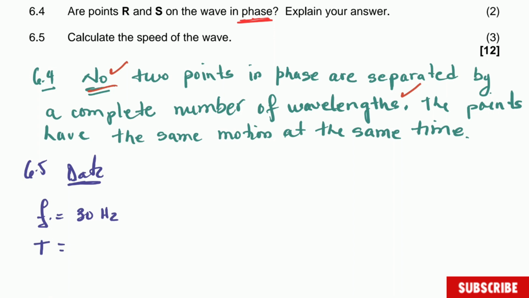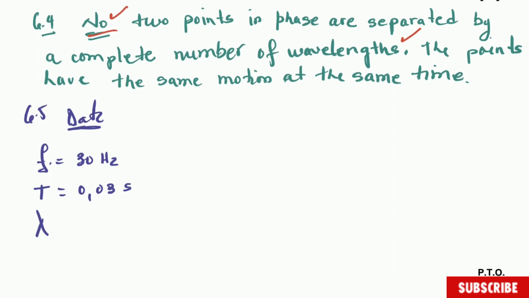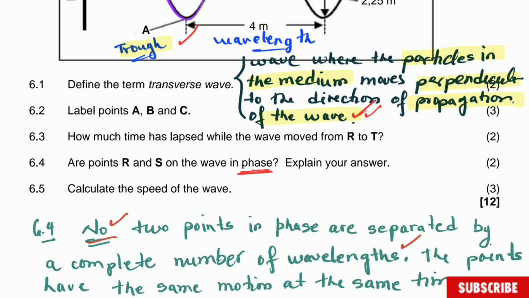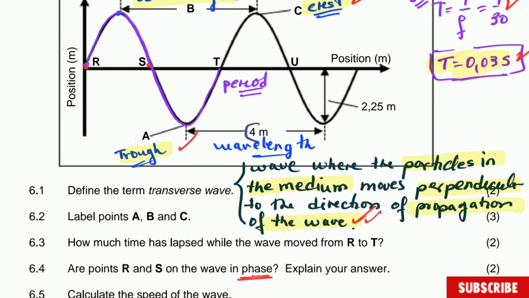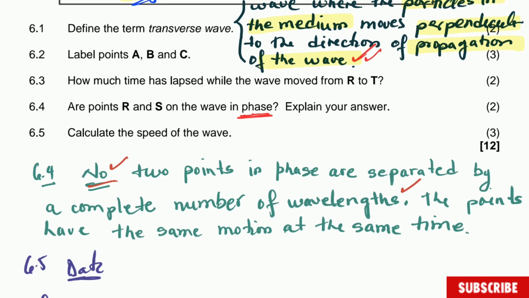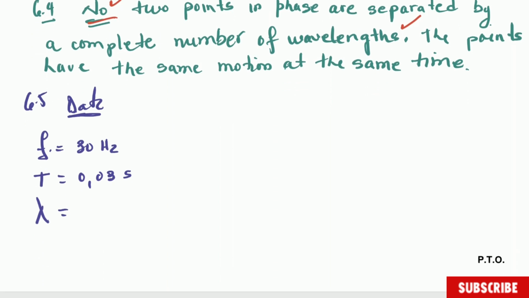The period we did calculate, and we got 0.03 seconds. And we have the wavelength. Where is the wavelength? It's on the graph which I showed you there. It is 4 meters, from trough to trough.